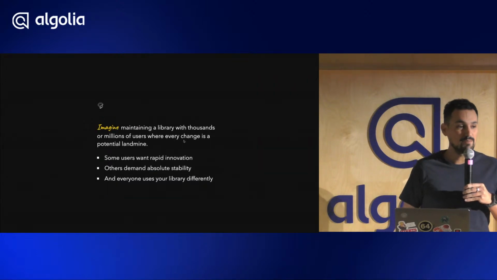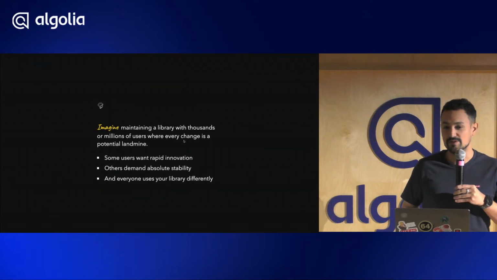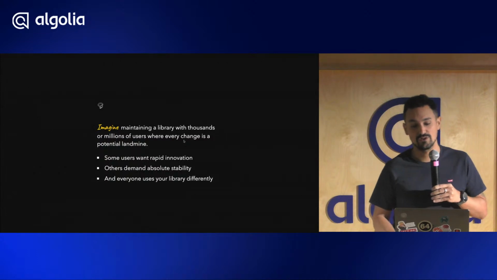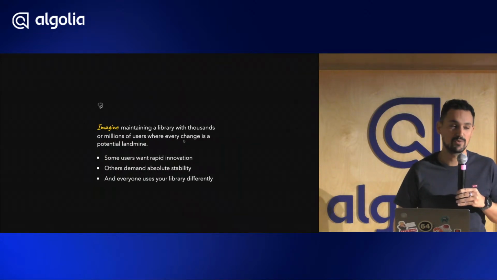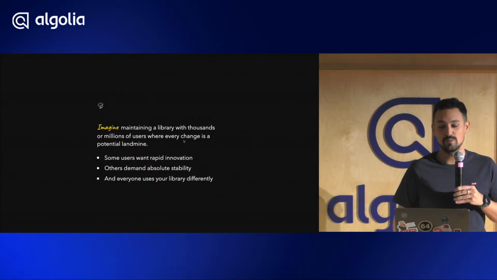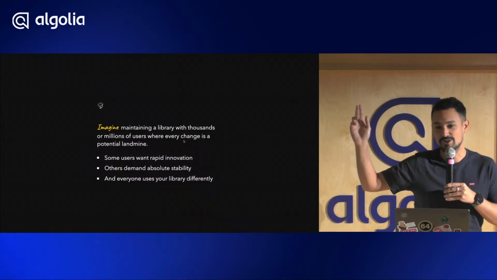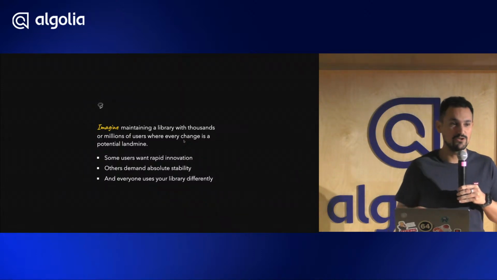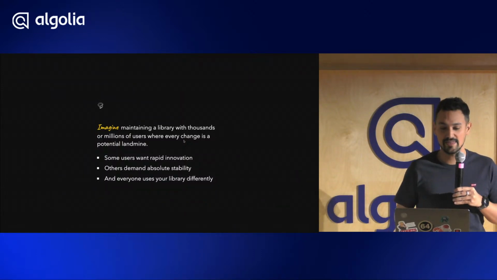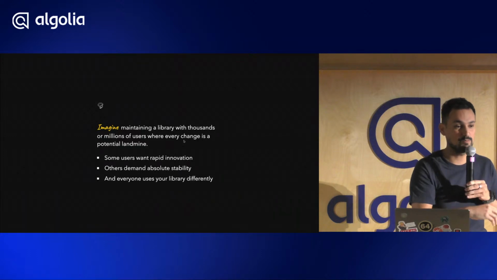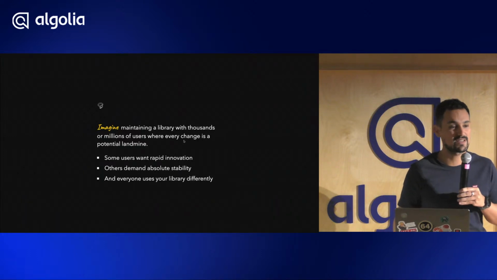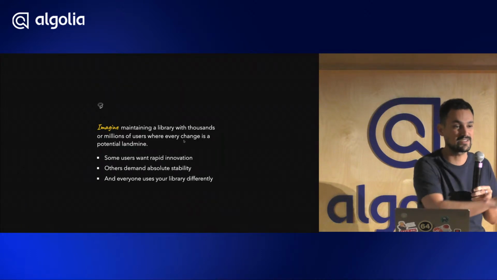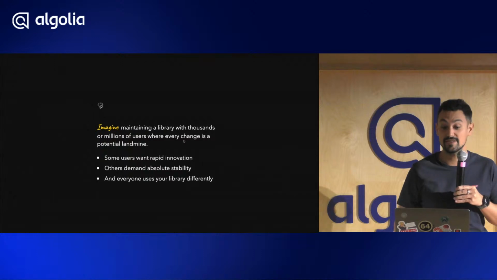So imagine maintaining a library with thousands or maybe millions of users where every change is a potential landmine. Some users want rapid innovation, so change every week, new releases, etc. And then you have others, maybe sometimes big companies, they want absolute stability for 2, 3, 4 years. So how can you handle that?